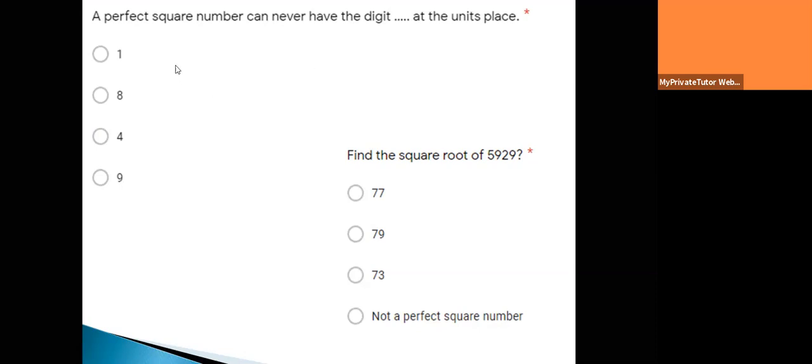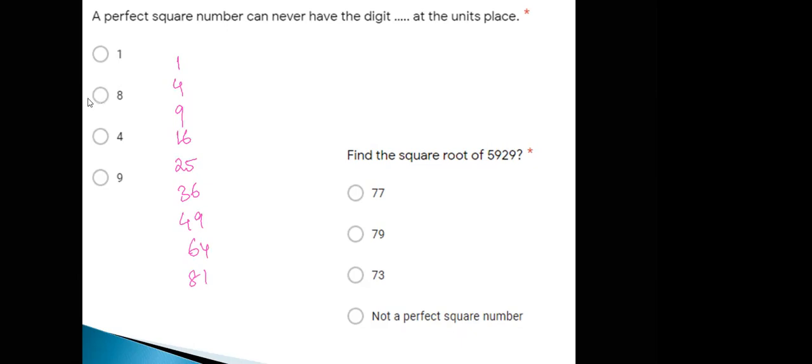What are the perfect square numbers? 1, 4, 9, 16, 25, 36, 49, 64, 81. And I think by using these numbers, you can say the answer. So which number won't be there at the end? 8. Excellent. 8.